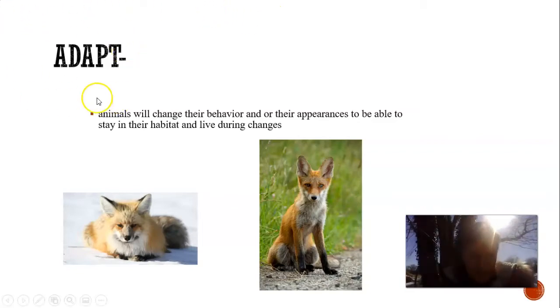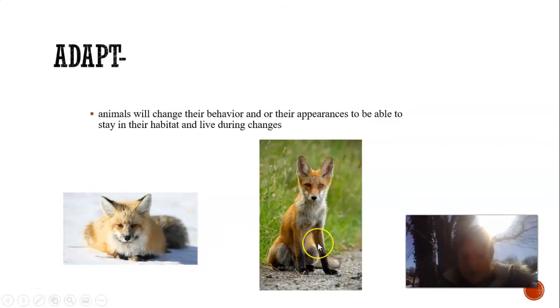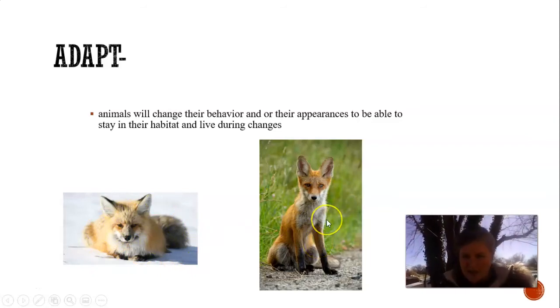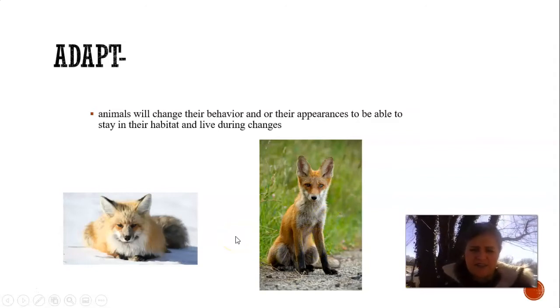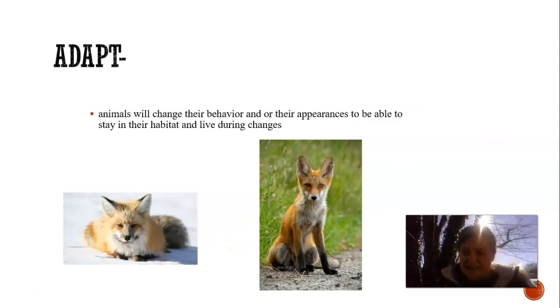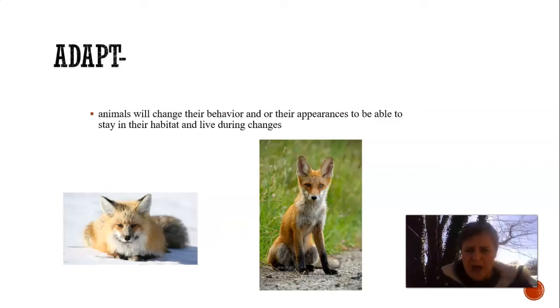I love these pictures. I have a fox, and he's all fluffy and laying in the snow. And I have a fox, and he's pretty skinny looking, sitting in front of some green grass. The difference between the two is that one has to deal with the cold weather, and with the other it's warm and nice outside.